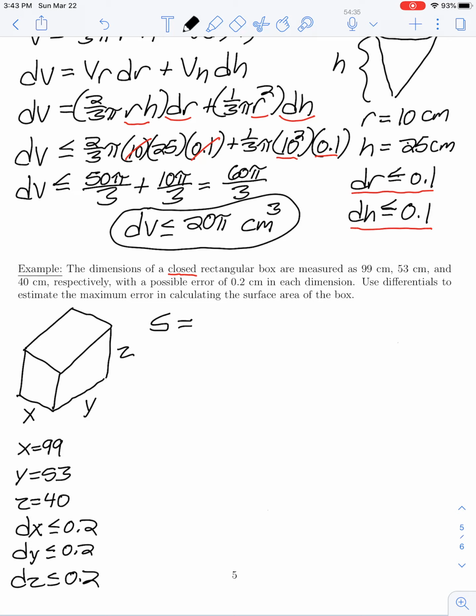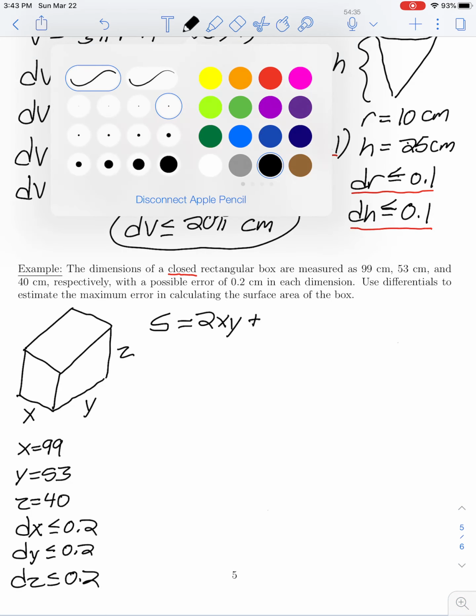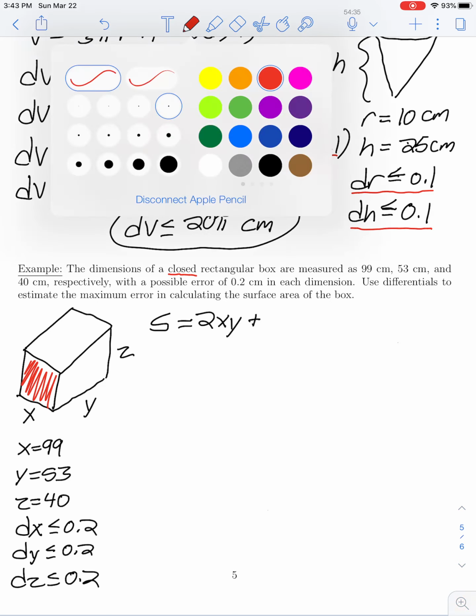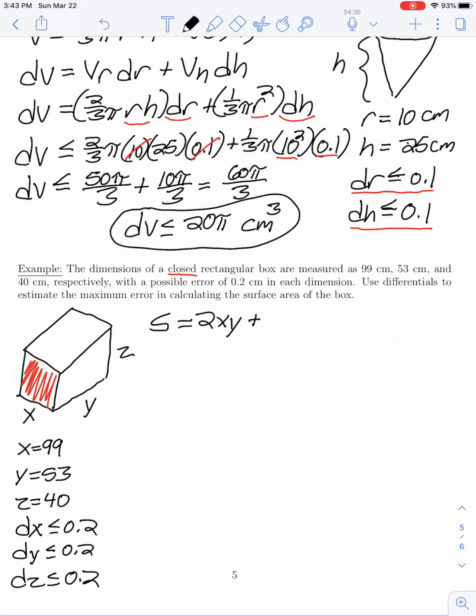So the top and the bottom of this box are both of area X times Y. And we have the top and the bottom, so adding those, we'll have 2 times XY. Now then, if we consider the front and back of the box, so when I'm saying the front, I'm referring to this shaded side here, and we see that its area would be X times Z.